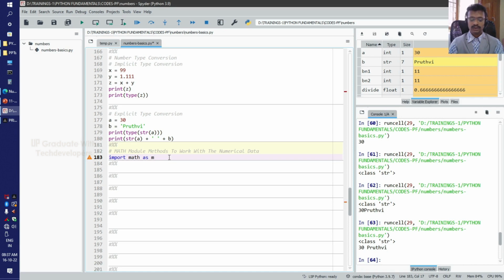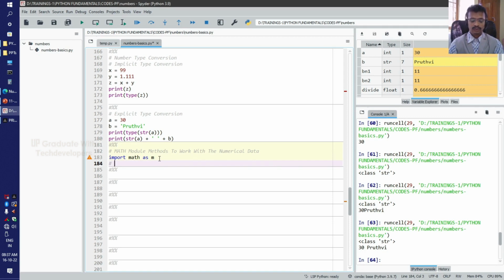Import math as m. We will talk about the modules later in this course. For now, you just concentrate on how to work with the math module to do certain mathematical operations. Here we are going to see the most widely used math methods with examples.